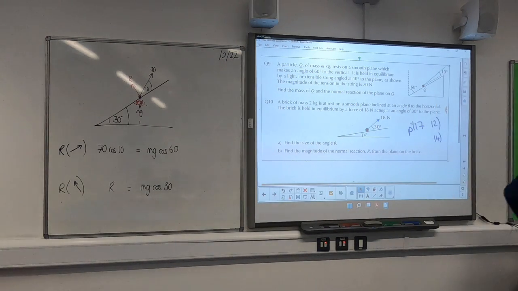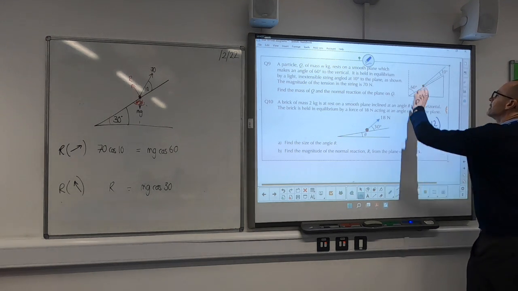And so if you're ahead of me, you can check your answers in the back of your book. We're in exercise 5.3. This one here is page 116, question 10.